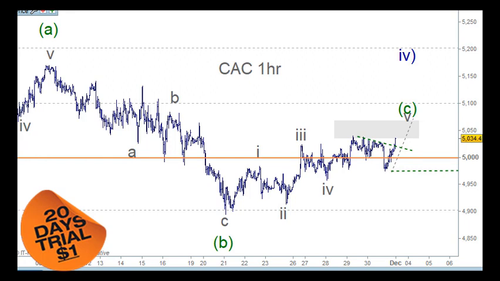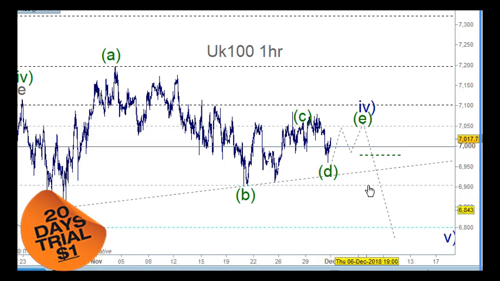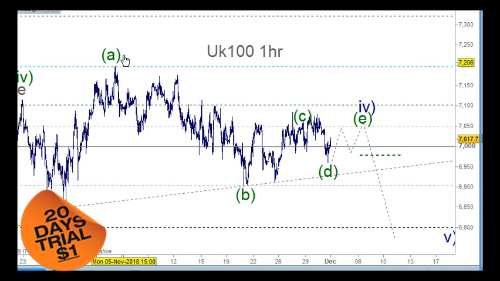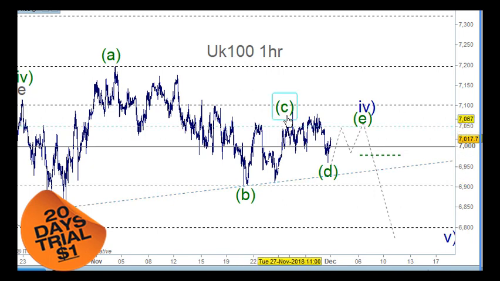So we'll look at the FTSE, which is all of this is the same pattern. It's just a little bit complicated, and you can see that it's choppy. So you're better off trading the US market. But an A wave, a B wave, it looks like logically you'd put the C wave here, but we've already got this A, B, and C wave, which would come in on this space here.